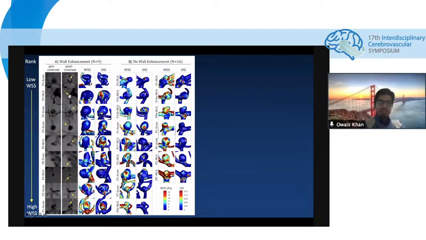So as you can right away see, the aneurysms that had enhancement were larger in size, which is already known from previous literature, whereas the aneurysms that had no enhancement were smaller in size. Obviously, because larger aneurysms tend to have lower wall shear stresses, which is what we already see from this diagram as well.